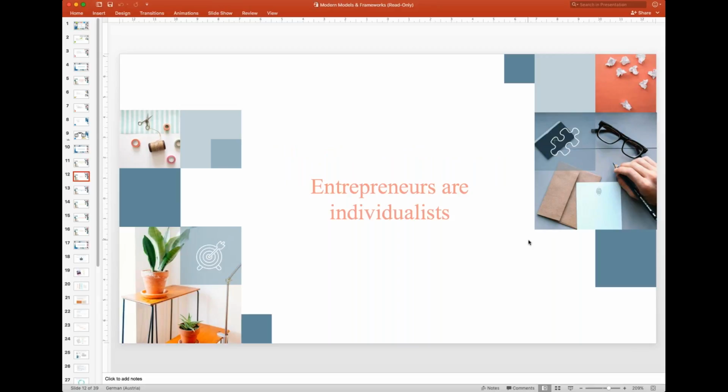Entrepreneurs are individualists. This is a myth publicized by media because it's very romantic to tell the story of Mark Zuckerberg and Steve Jobs as entrepreneurs. But the truth is that 99.9% of ventures are successful due to their teams, and the team has a huge amount of impact on the successfulness of the company.